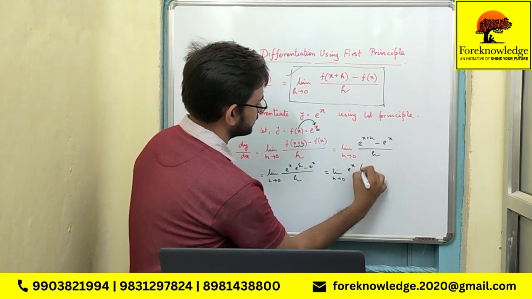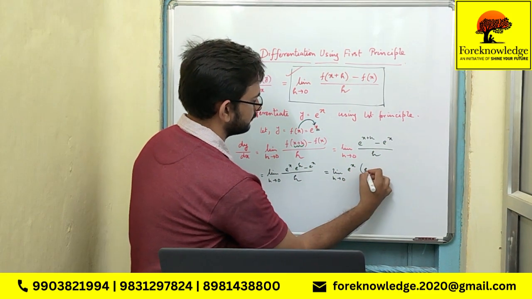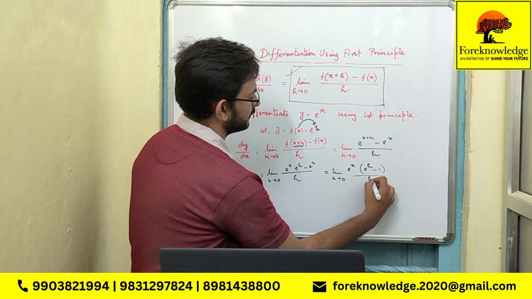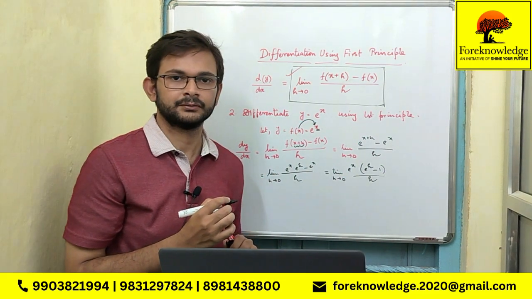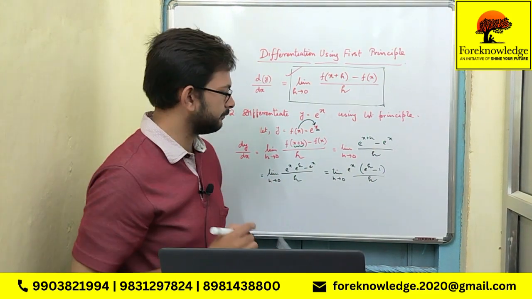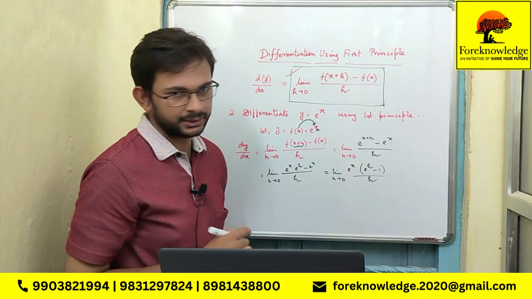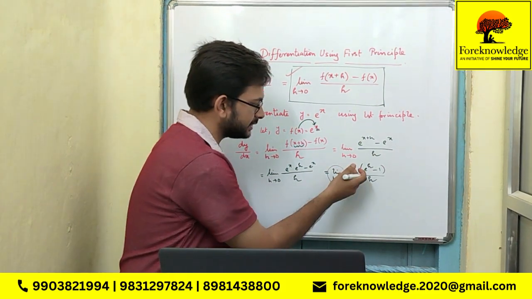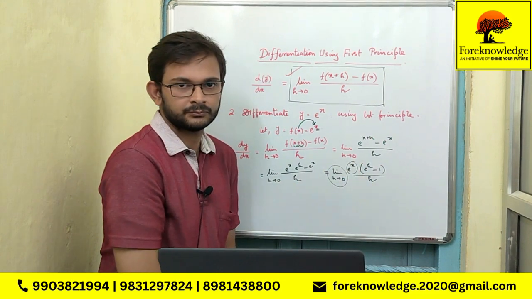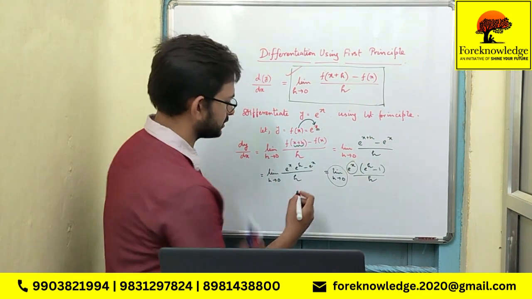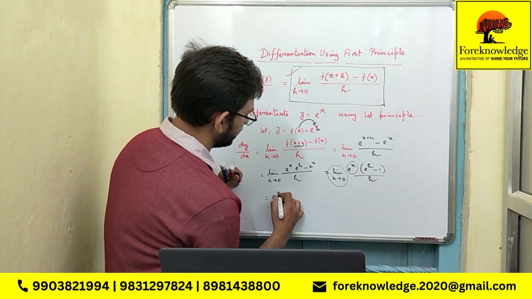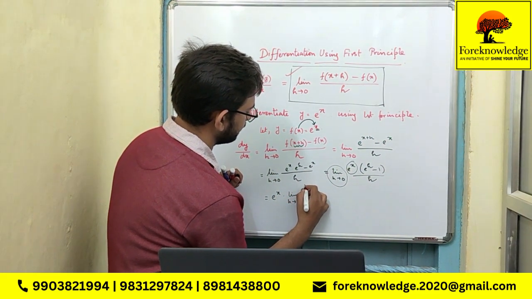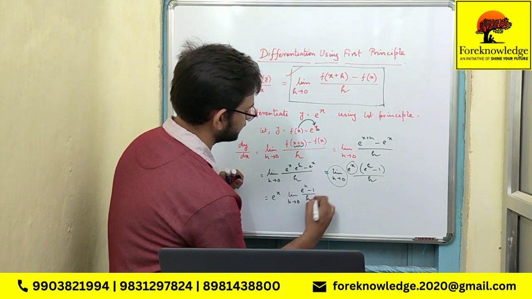The remaining in the first is e to the power h, and in the second it is minus 1, divided by h. Now this e to the power x has nothing to do with the limit h tends to 0 because there is no h in e to the power x, so take it out of the limit. So we have limit h tends to 0, (e to the power h minus 1) by h.